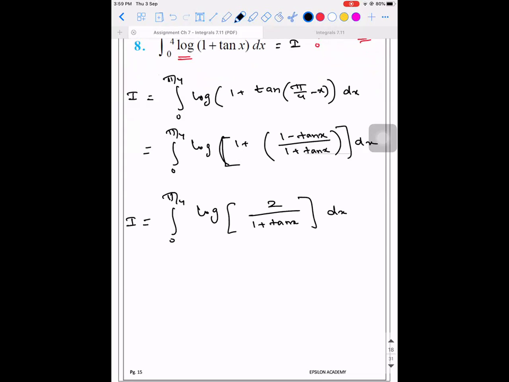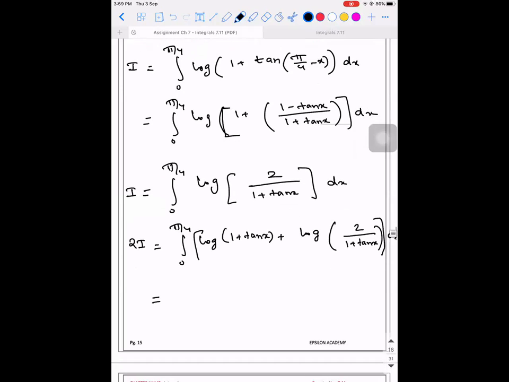See, in most cases, why we add them is to eliminate the trigonometric functions. So when we add both the I's together, 2I will be equal to, the limit for both is 0 to pi by 4, log of 1 plus tan x plus log of 2 divided by 1 plus tan x. Correct? This whole thing with respect to x.